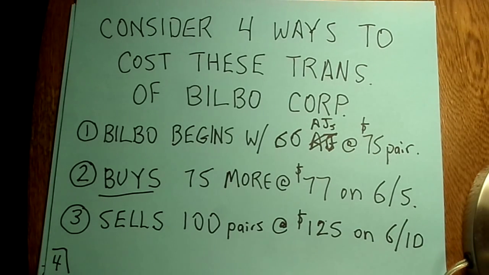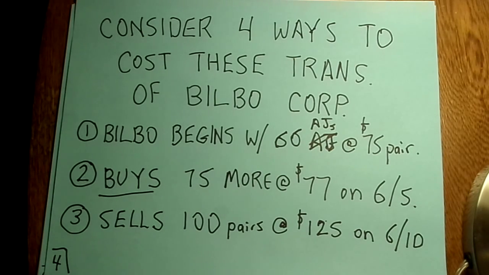First, Bilbo begins the month of June with 66 pair of Air Jordans, that's what the AJ stands for, at $75 a pair. So the $75 is what Bilbo paid to bring the Air Jordans into the store. Certainly Bilbo is not going to sell them for $75 a pair.